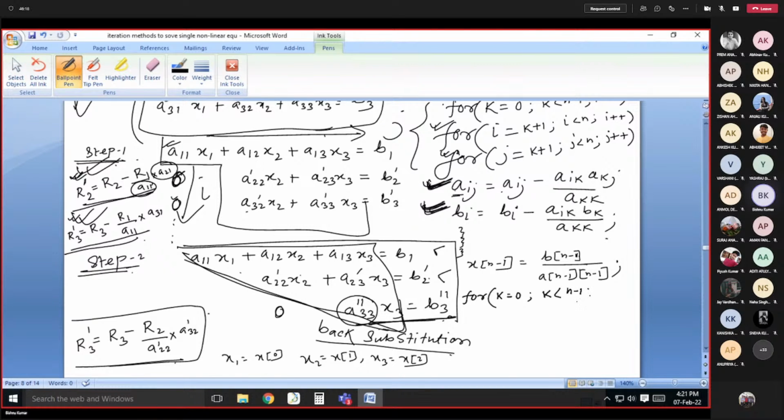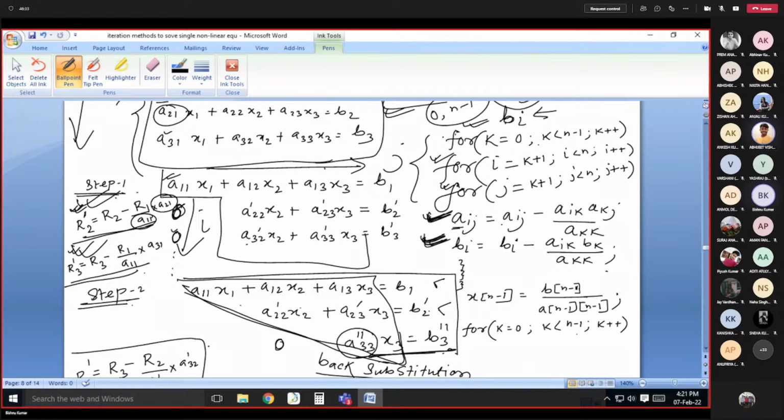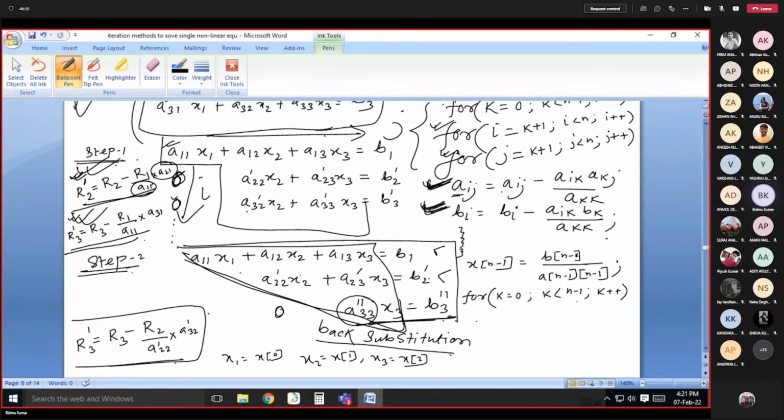Reducing command I am writing later. How many steps do I have? 0 to n minus 2. So those steps I have written here. In those steps, all values I will calculate.